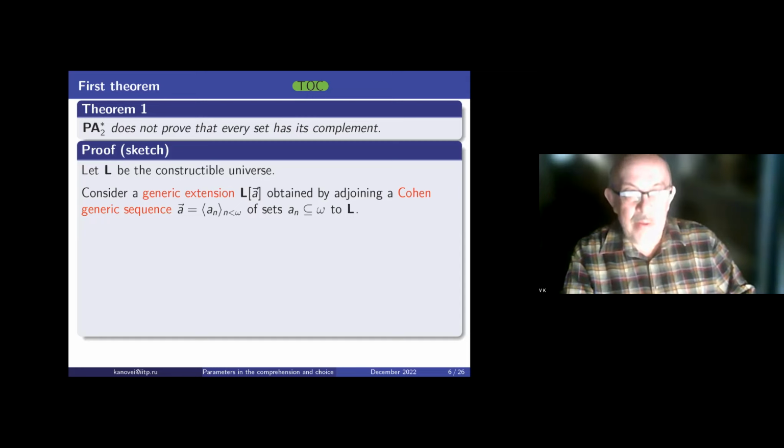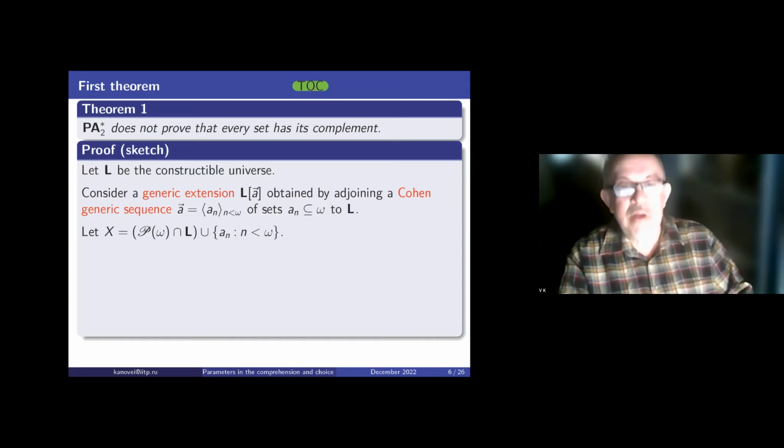And in this model, we define a set X, which consists first of all of constructible reals. And second, it contains this sequence of new Cohen generic reals.